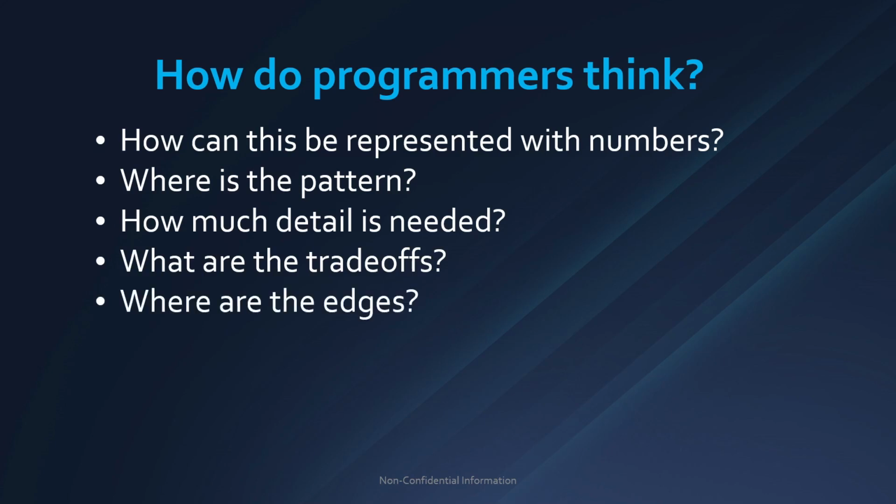We also think about, what are the edges, meaning when we're solving this problem, what are the very, very extreme cases that we're going to get? This could be, for example, when a form says, please enter your name, and somebody puts in their name and it's 3,000 characters long. How do we deal with this case?